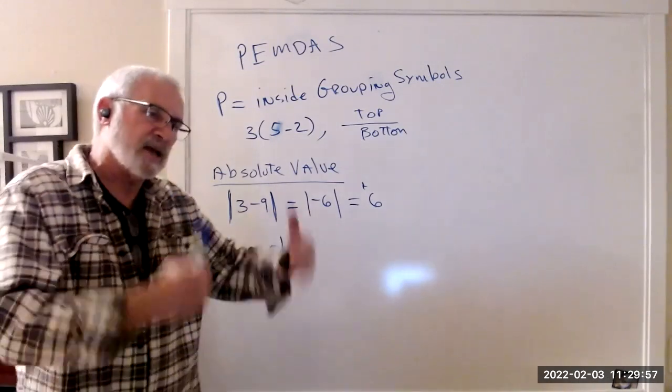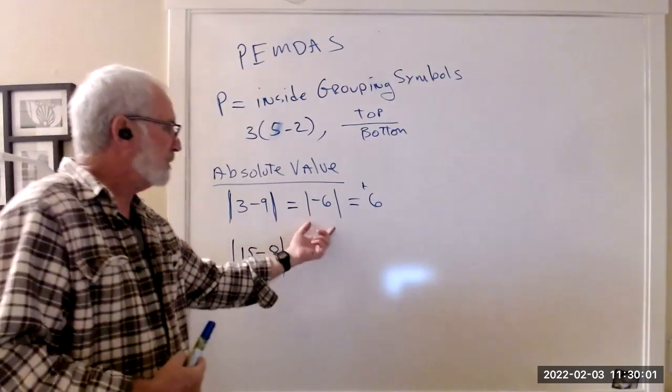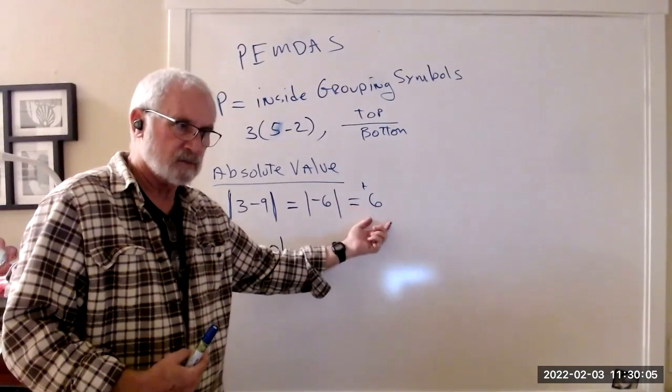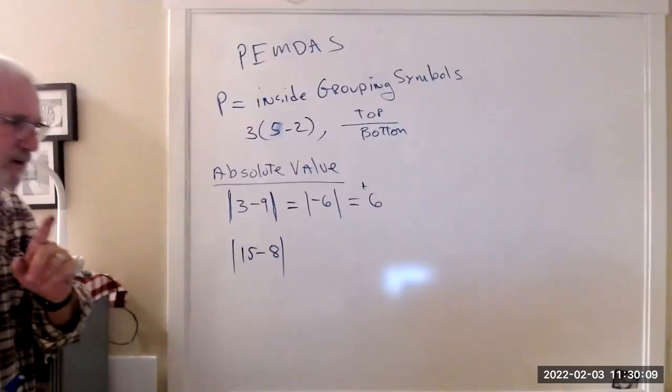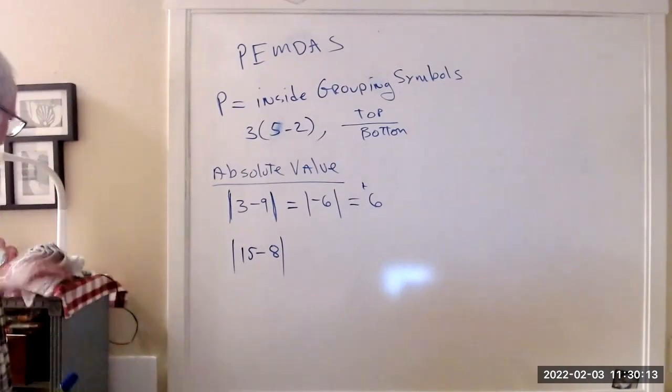Inside, at an intermediate step, you might have a negative, but when you're done with the absolute value, it will be a positive answer. Okay? As soon as you ask that question, I'm promising I'm going to screw you up in a minute. But you'll see.